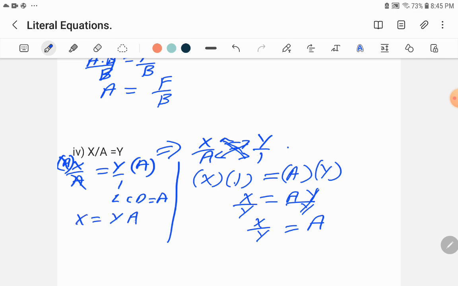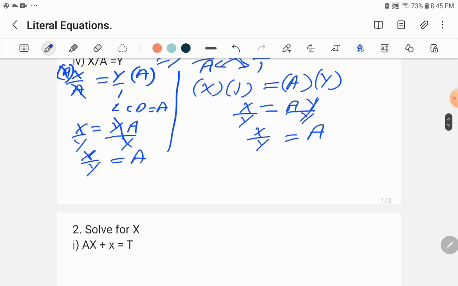Again, y is multiplying times a, so divide both sides by y. So x over y would equal a. Okay, so those are the two ways you can do it. You can find the LCD and multiply each term by the LCD. Or you could use cross multiplication.